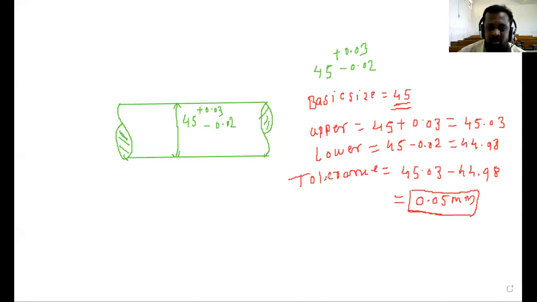Now that much information they have given to manufacture this shaft.